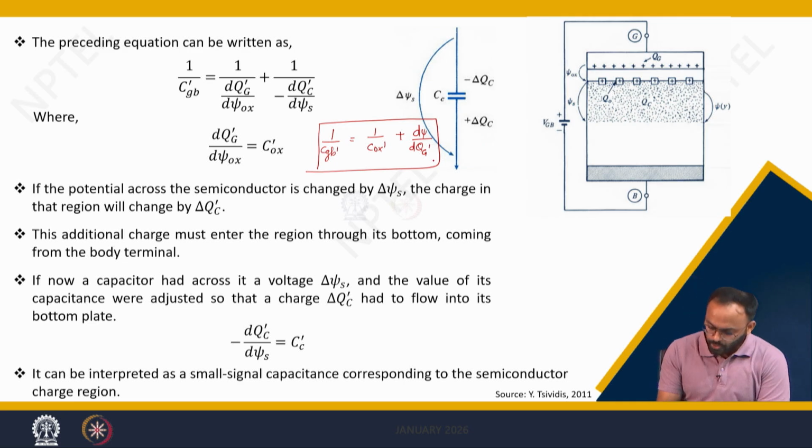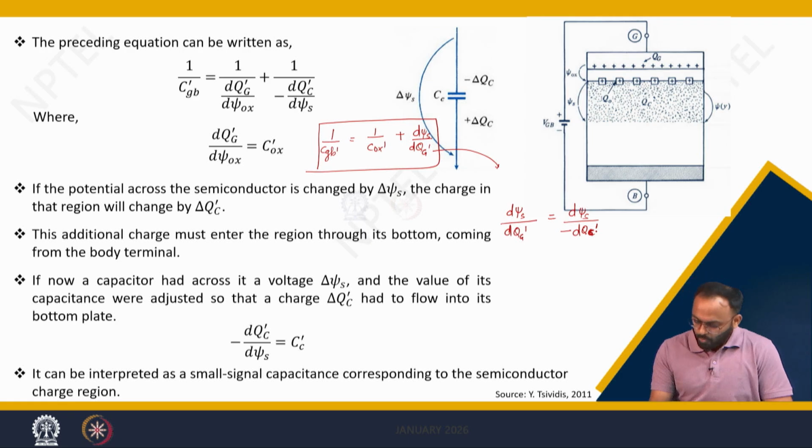Now here QG dash can be replaced as minus QC dash. So let's discuss this quantity, delta psi s divided by delta QG dash, which is equal to delta psi s divided by minus delta qc dash. What is this quantity?